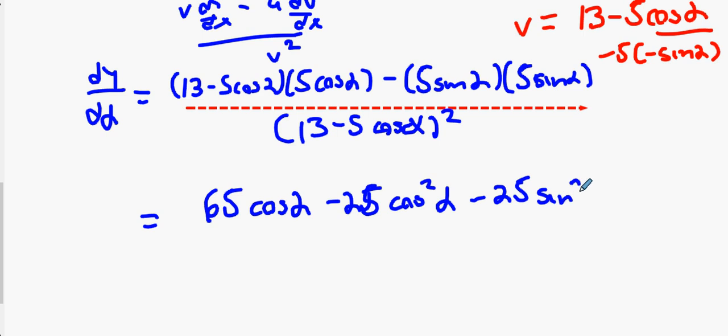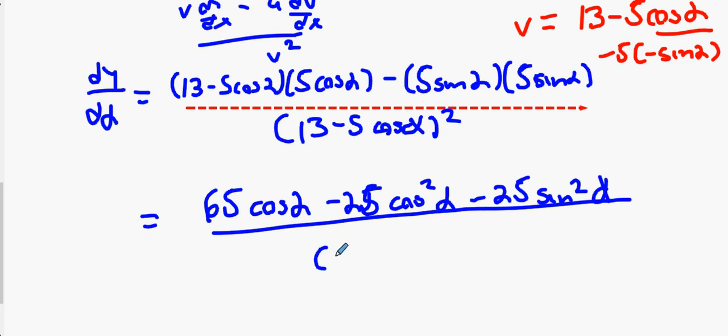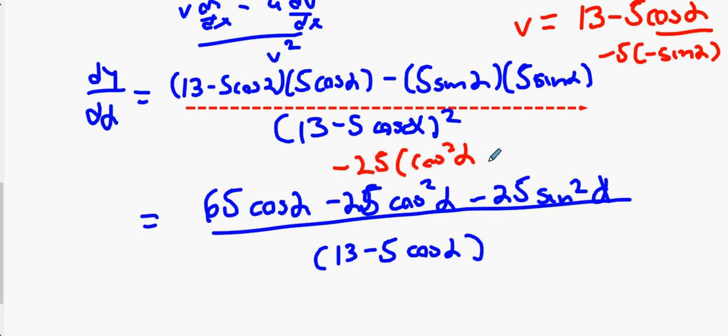Why am I super relieved to see that? Anybody care to tell me? Yeah, cos squared alpha plus sine squared alpha is 1. So essentially it's minus 25 brackets cos squared alpha plus sine squared alpha.